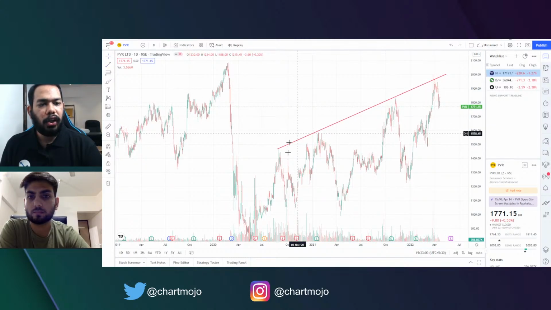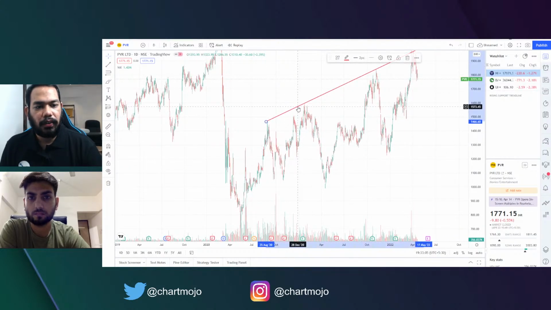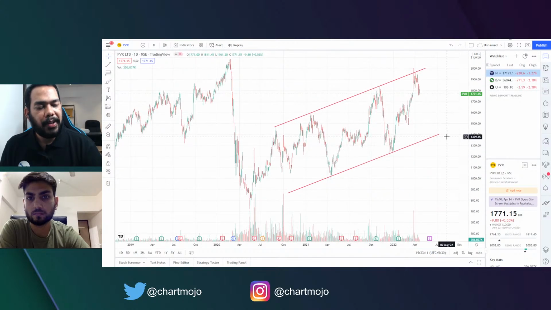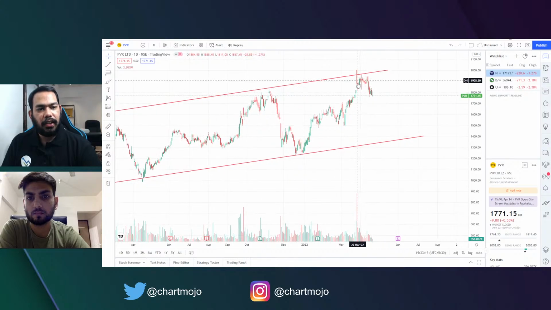Now, what we can see, PVR is trading in a channel. After the pandemic fall, clearly see PVR trading in a channel. Right now, what we have seen here, bulls were trying to clear this resistance level, but they failed. And then we got 2, 3 continuous red candles.